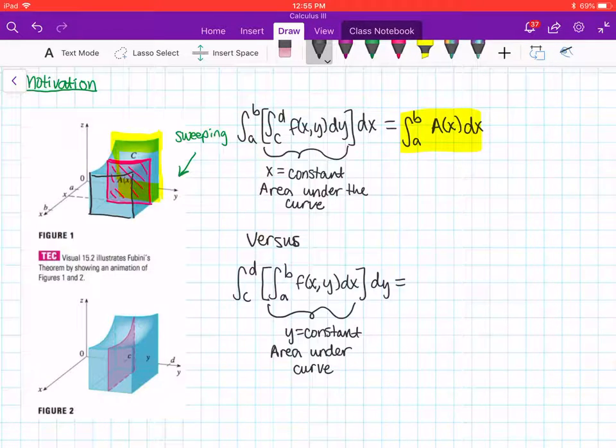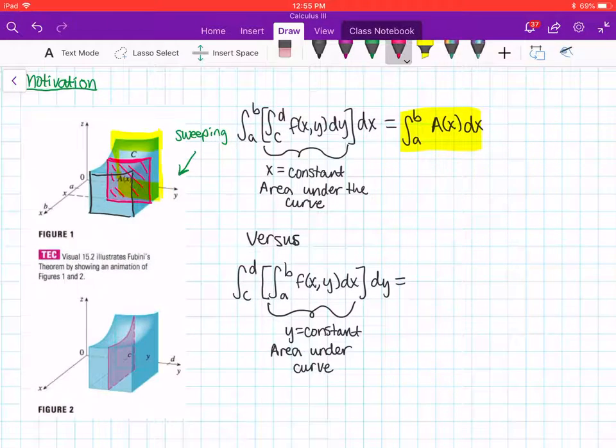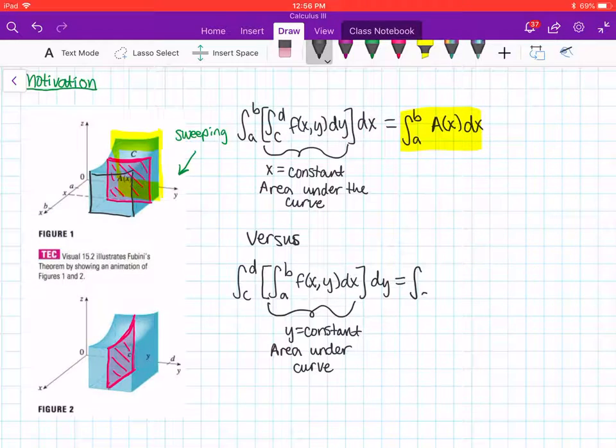But now y is constant, so here it's kind of hard to see, but we have y is constant here. We're going to be integrating underneath our function, and so we get this area. So instead of having A of x, we're going to actually get a function that's changing with respect to y. So here we are. We get some other area, and it's with respect to y now.